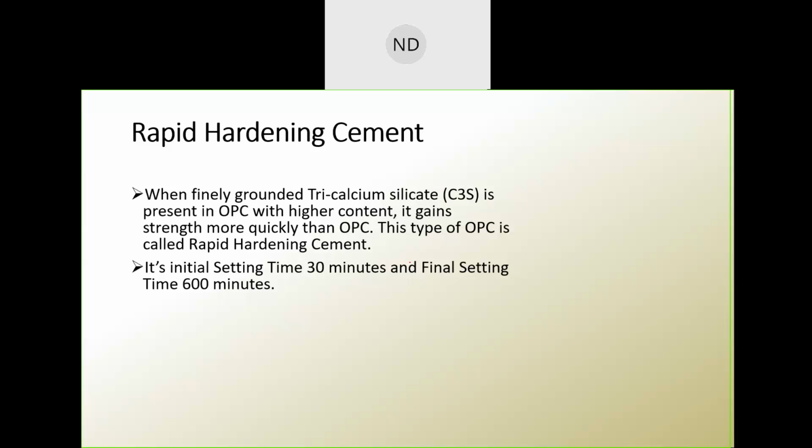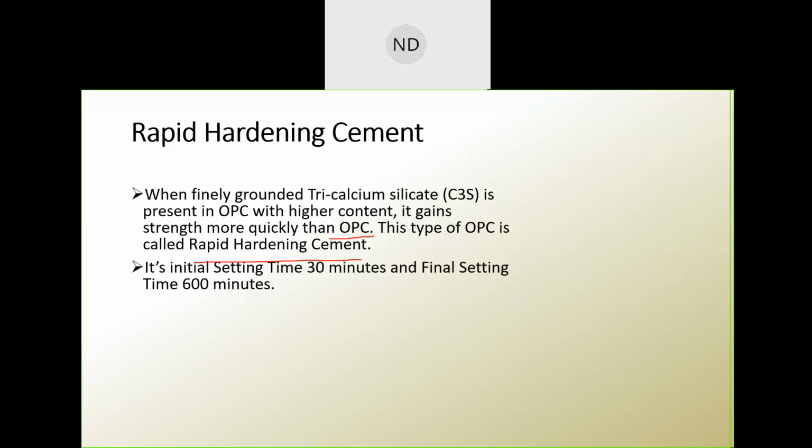So what is a rapid hardening cement? What does it say? When finely ground, tricalcium silicate, C3S, is present in OPC with higher content, it gains strength more quickly than OPC. This type of OPC is called the rapid hardening cement.